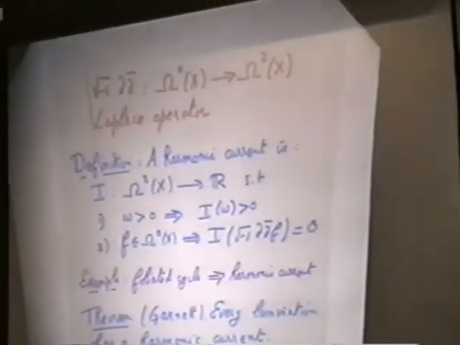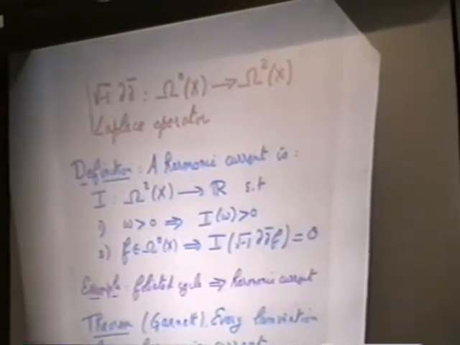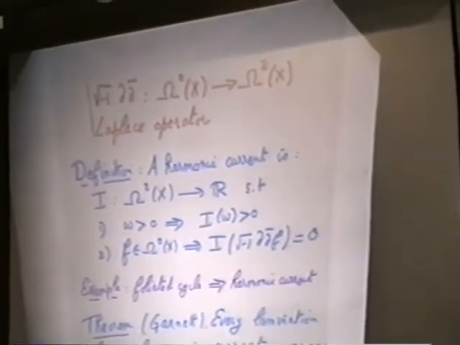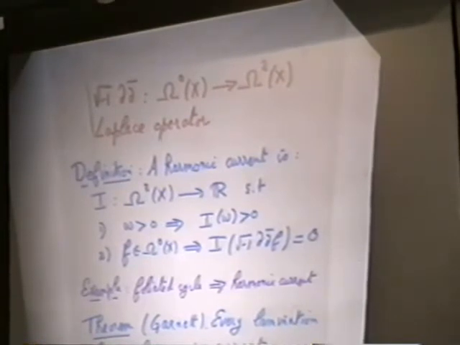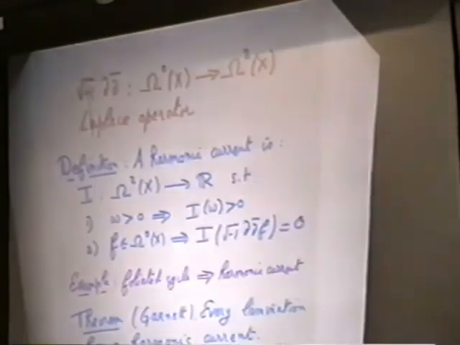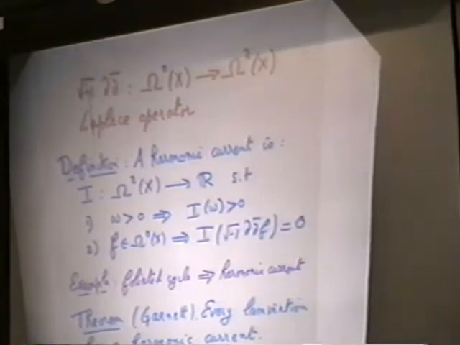The point is that, as I told you yesterday, on a given lamination X, you can discuss differential forms. Differential forms are only defined along the leaves and are smooth along the leaves and continuous in the transversal direction. So for example, Omega 0 of X means the space of functions, and Omega 2 of X means the space of two-forms.